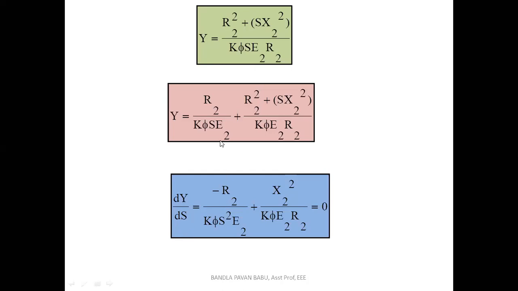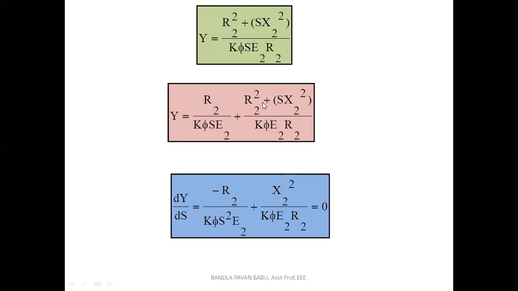Now applying this, what happens? Here again we get minus r2 into k phi s square e2, where r2 is the parameter. Since we are differentiating with respect to slip, we consider the s value. All the remaining terms are the same, r2 by k phi e2, and we differentiate 1 by s, which gives minus 1 by s square.